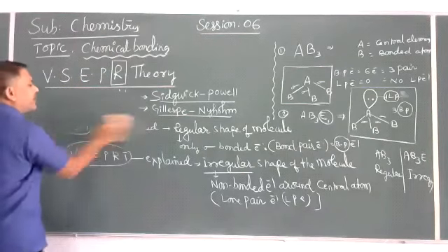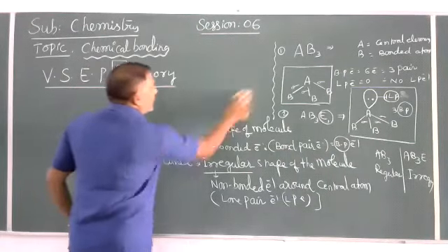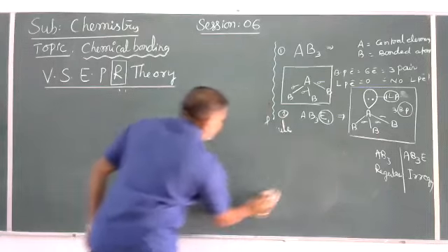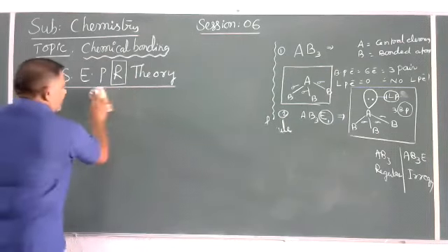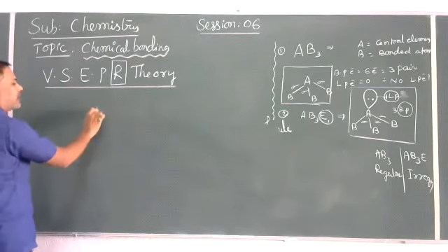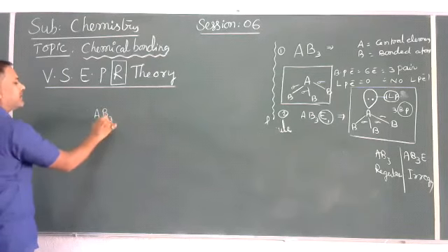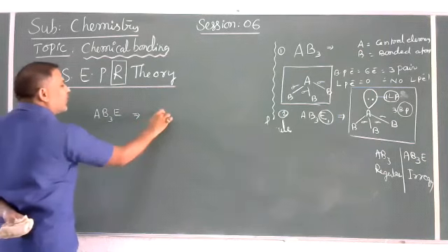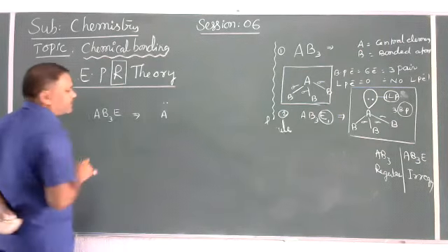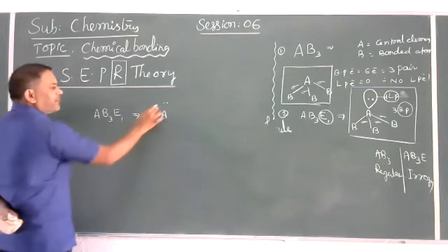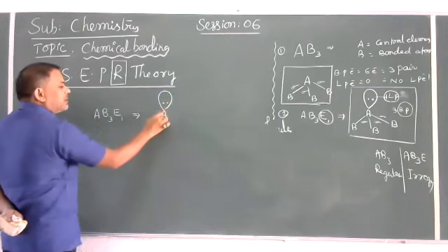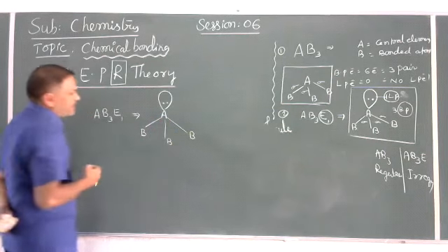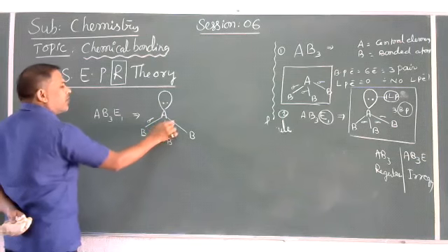According to VSEPR theory, according to valence shell electron pair repulsion theory, if the central atom of an element like AB3E has at least one lone pair, E means lone pair, and the remaining three are the bond pairs, B and B and B, sigma bonds.